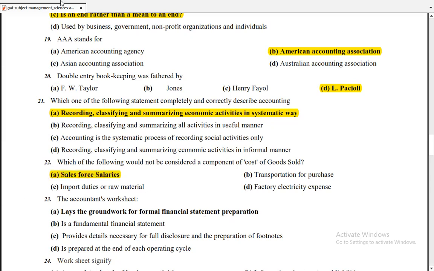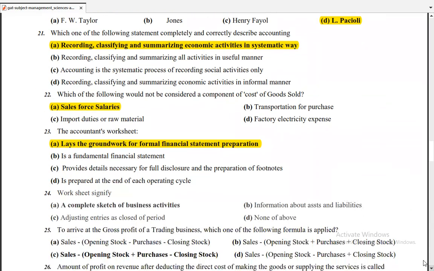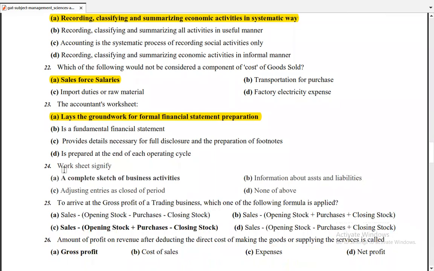The accountant's worksheet lays the groundwork for formal financial statement preparation. Now 24: what does the worksheet signify? A complete sketch of business activities.